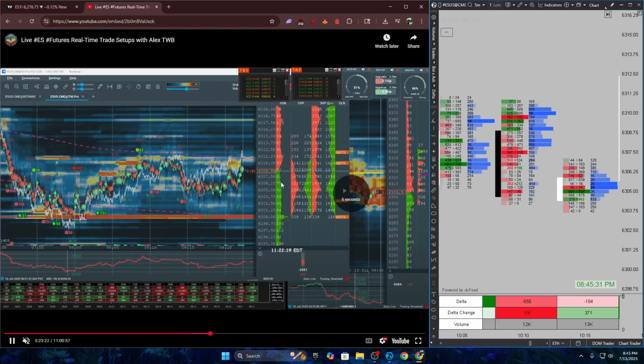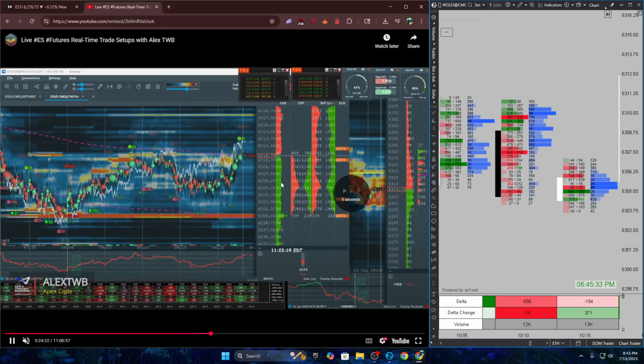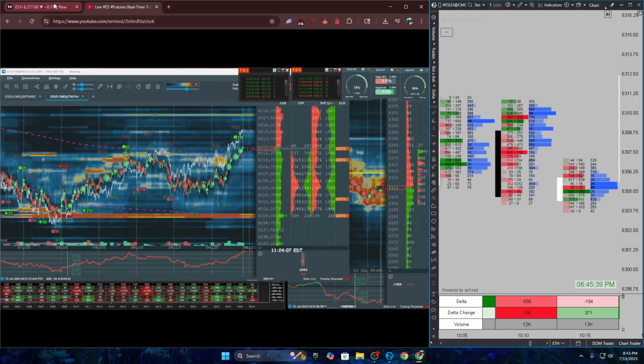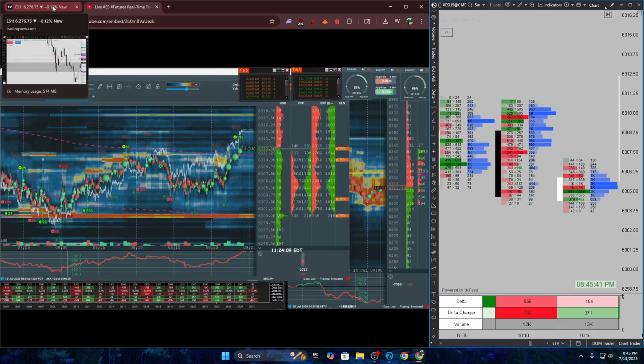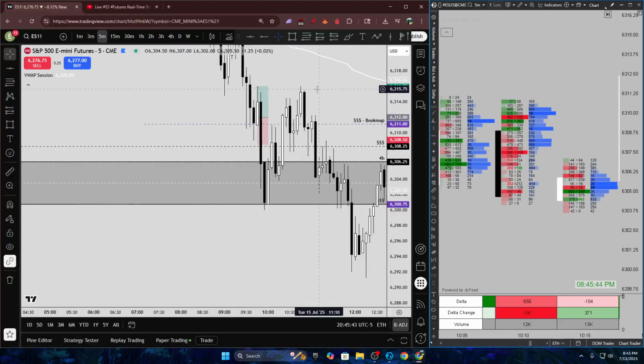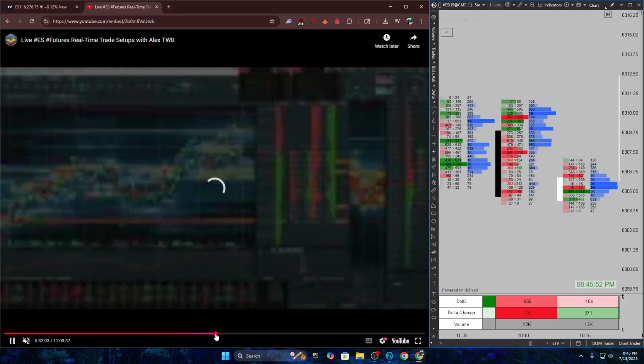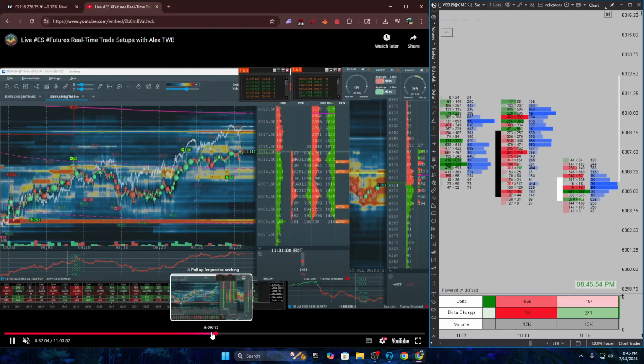Then we come back up to that 6300 area and we break through it. And now we have this level between 6317 and 6318, so maybe exactly 6318. We don't head up to that level. Let's see where we even head up to. Now you start seeing passive selling.